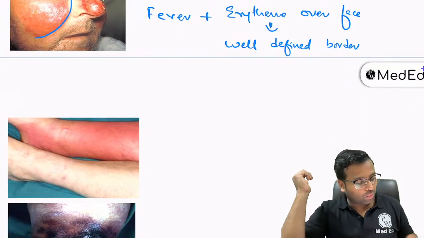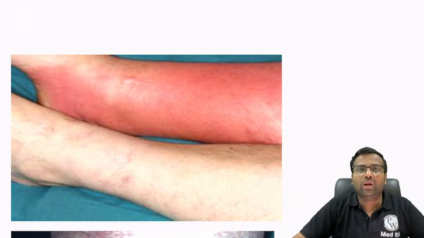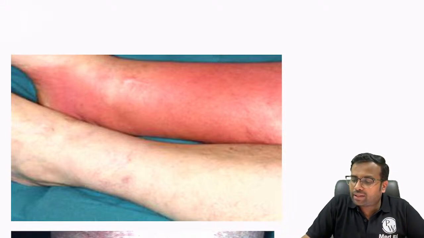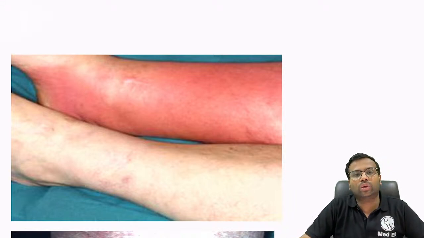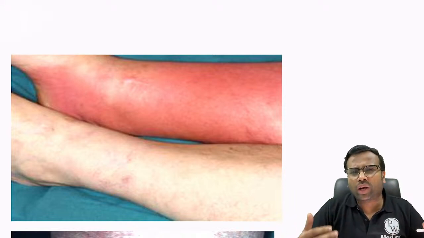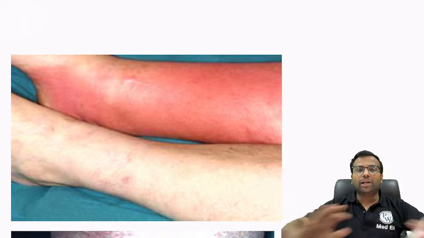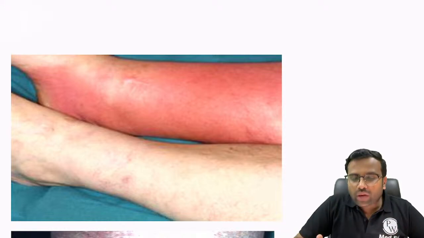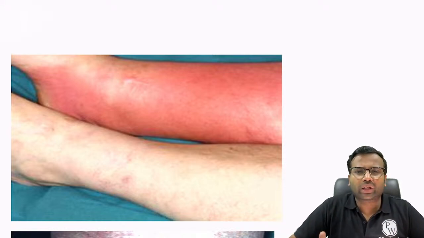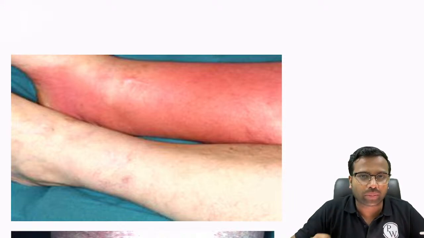Okay, so one more patient, who has come to you probably with a bystander, and the patient is having a very toxic look, like the patient is going to collapse. The patient says, I was completely all right till yesterday. Today when I woke up, I'm getting so much fever, chills, feverishness, all those things are present.